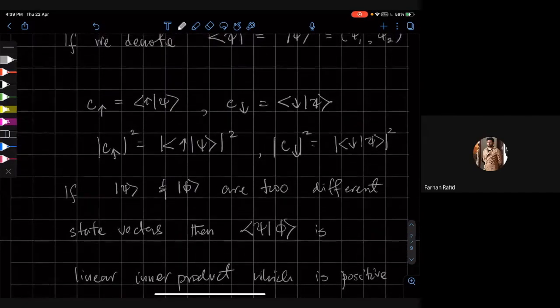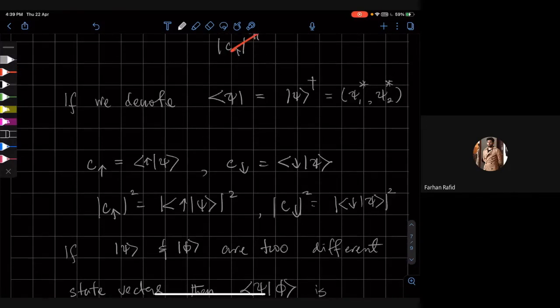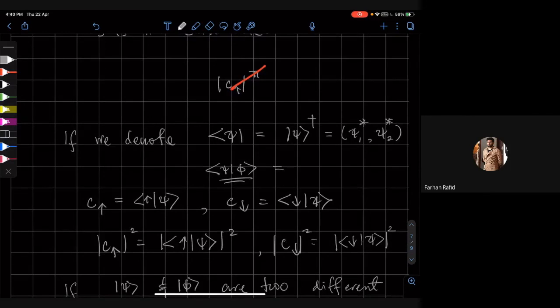So C up is equal to bra up psi ket. So what does this mean? That's a very good question. This means that when we have, say, psi and phi, this is a column vector, and this is a row vector.